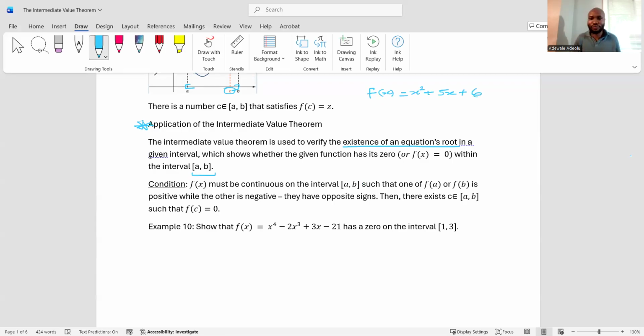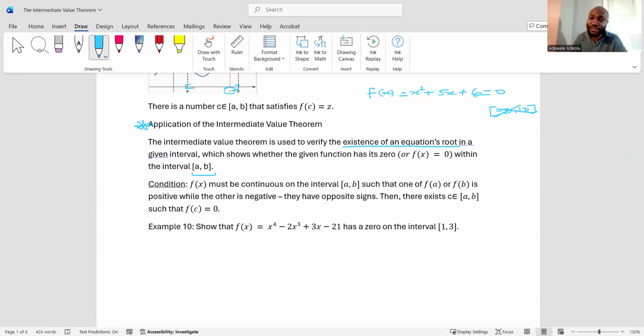And I ask you, find the zeros of this, or, does it have a zero, let's say on this interval, minus 3 comma 10. Well, even if I do not give you this, if I ask you to find a zero, that is very easy for you to find at this level.